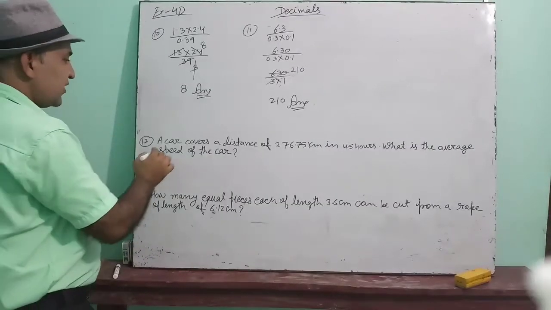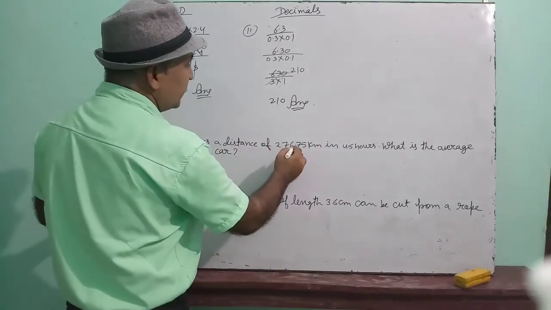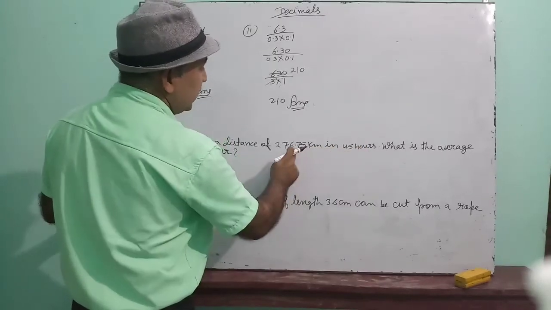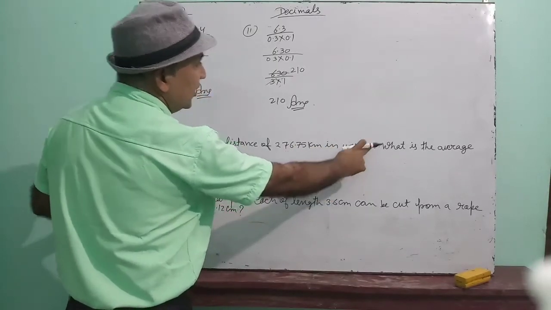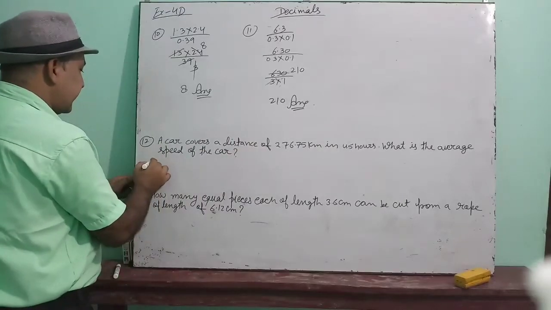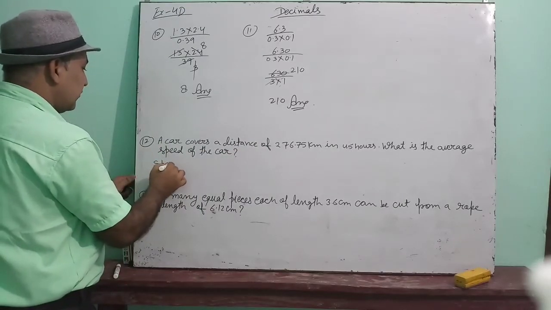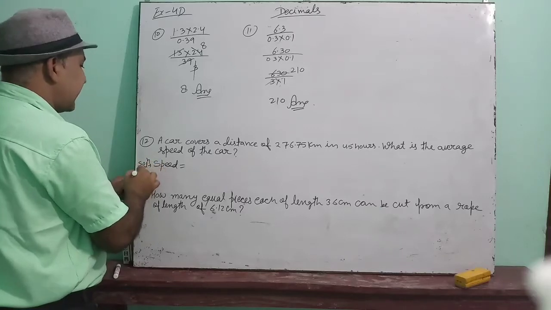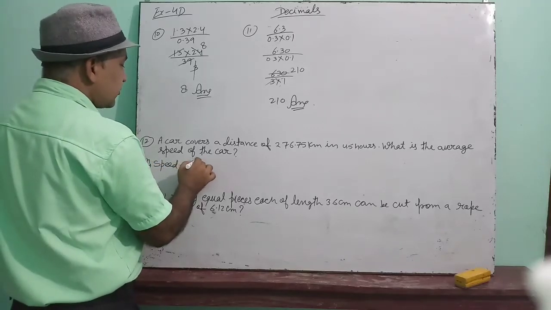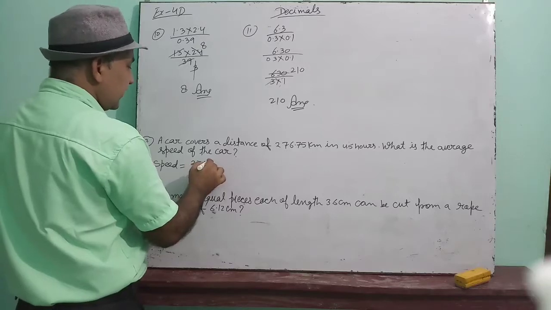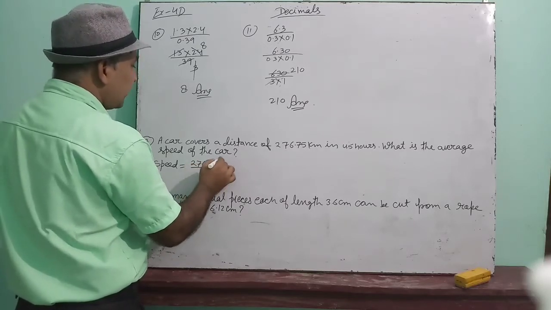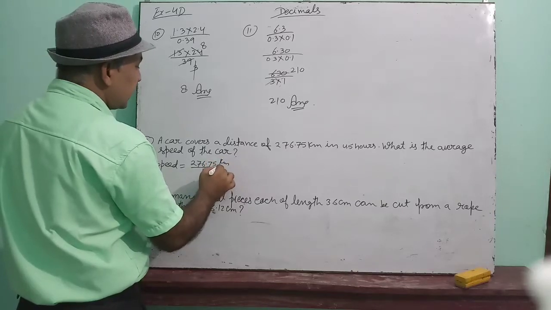Now see this one. A car covers a distance of 276.75 km in 4.5 hours. Distance and time are given. What is the average speed? We know that speed is equal to distance upon time. That means speed is equal to 276.75 upon 4.5 kilometer per hour.